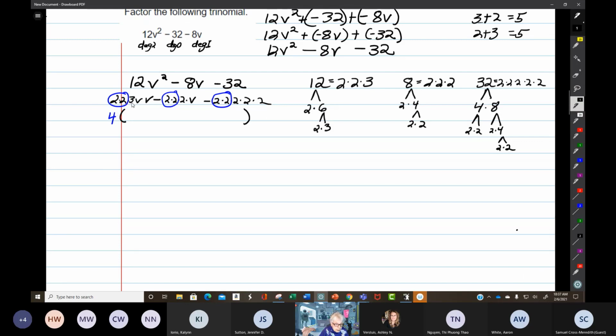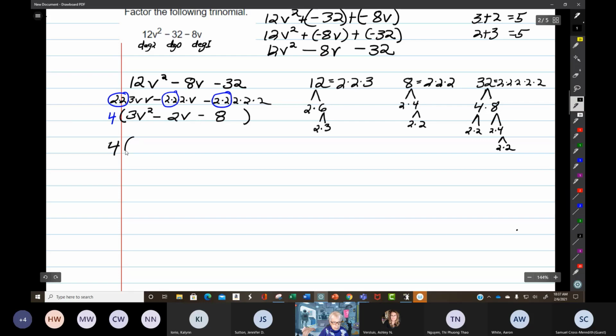Now the leftovers, 3v squared minus 2v minus 2 times 2 times 2 is 8. So this is what we're going to be dealing with.